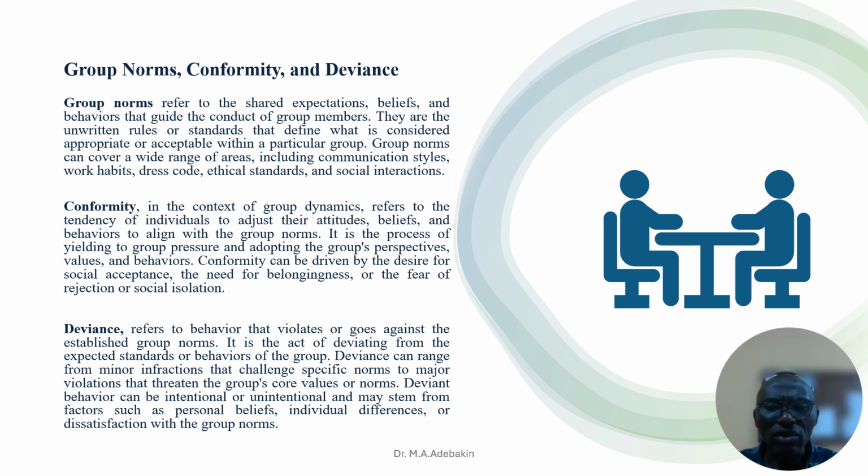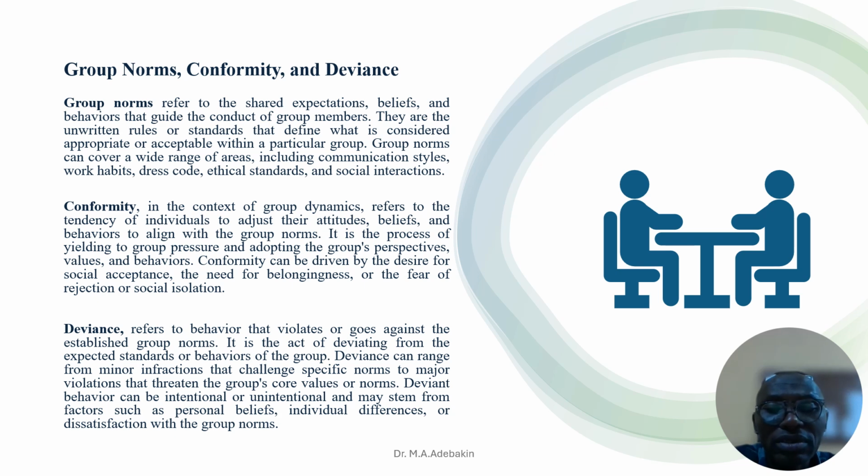You also need to understand some of these group concepts. You come across them in your readings on group dynamics. For instance, group norms refer to shared expectations, beliefs, and behavior that guide the conduct of the group. Every group has a norm, and for as long as you abide by the norms, you are said to be conforming with the norm. So group conformity is another group concept that is important for you to understand.